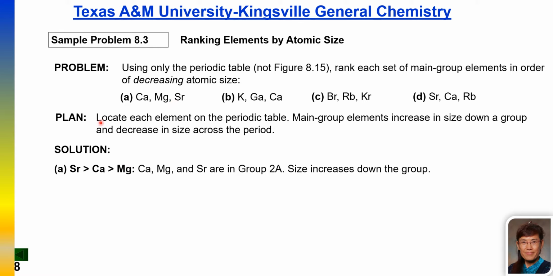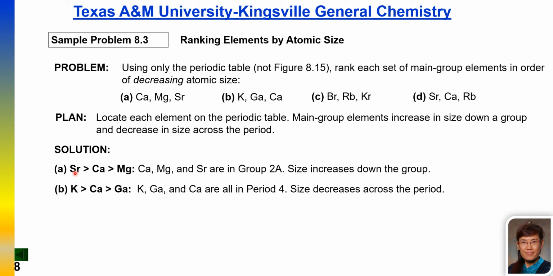So from top to bottom, the atomic size increases. Strontium has the largest atomic size, followed by calcium, followed by magnesium. Again, they are located in group 2 or group 2A. Therefore, the atomic size increases down the group: magnesium, the smaller one, calcium, and then strontium.